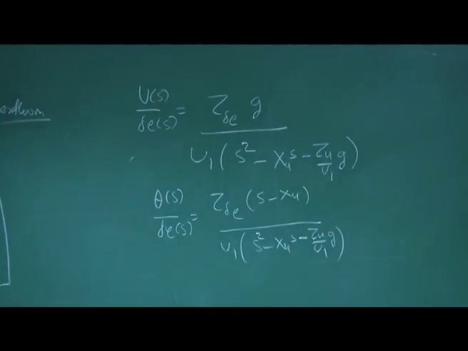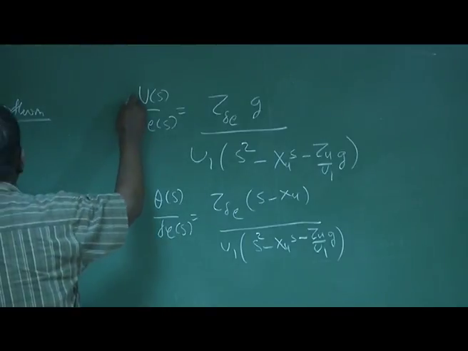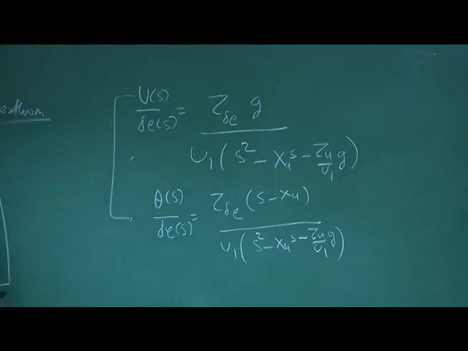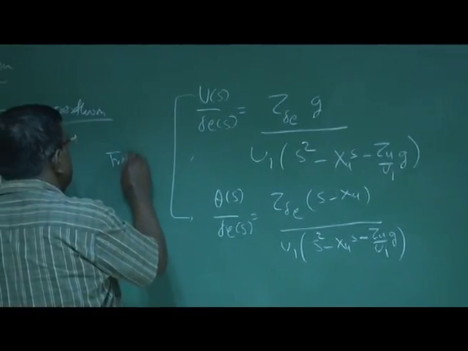So what is U of s by delta E of s? This is called the transfer function. From the short period also you know that alpha of s by delta E of s is a transfer function. So these are called transfer functions.